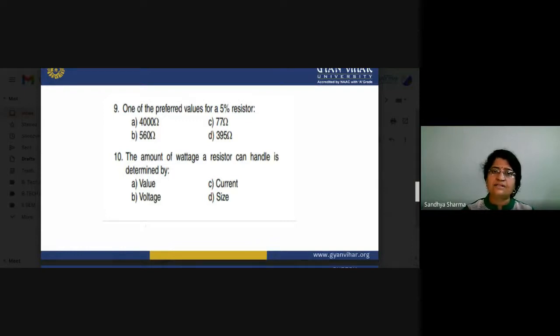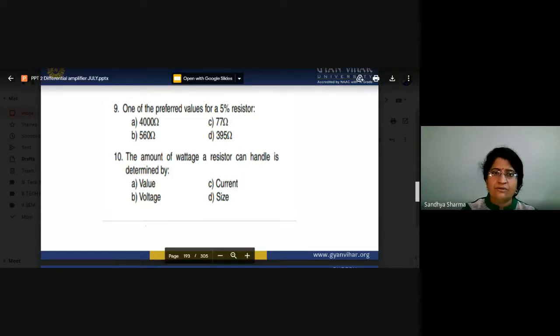So that is the basic reason for that. And the amount of wattage a resistor can handle is determined by this. So that's all. I think you will be comfortable with the working of resistors, how a capacitor works, how we make a capacitance, and the types of capacitors.